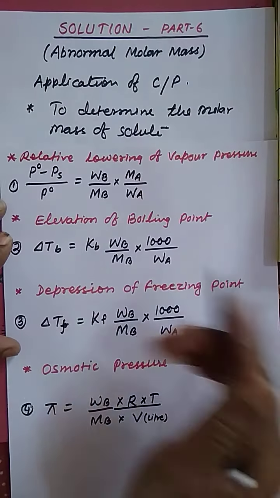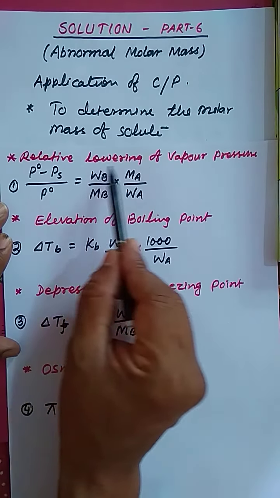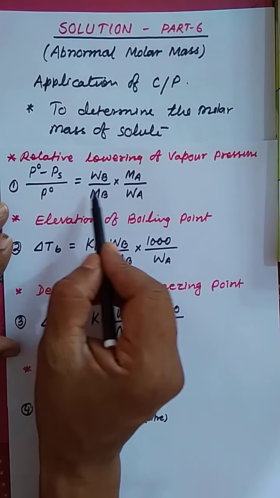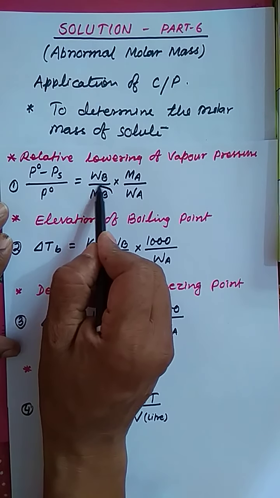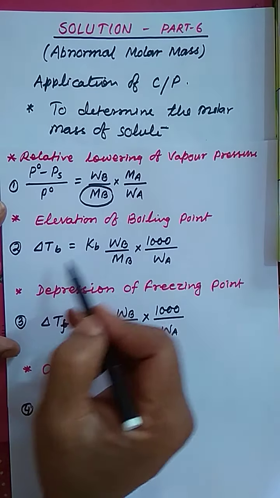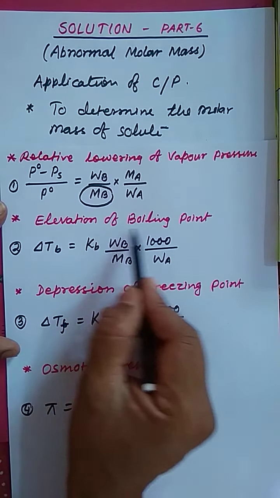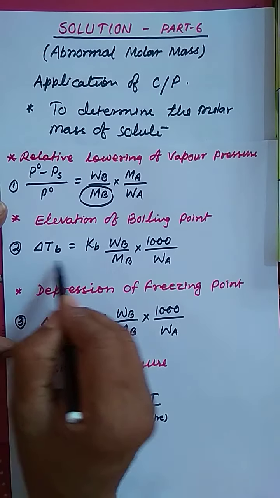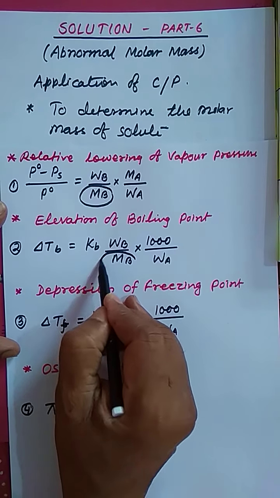As you are seeing here, relative lowering of vapor pressure. So by using this equation we can calculate the molar mass. In elevation of boiling point, by using this equation we can calculate the molar mass.